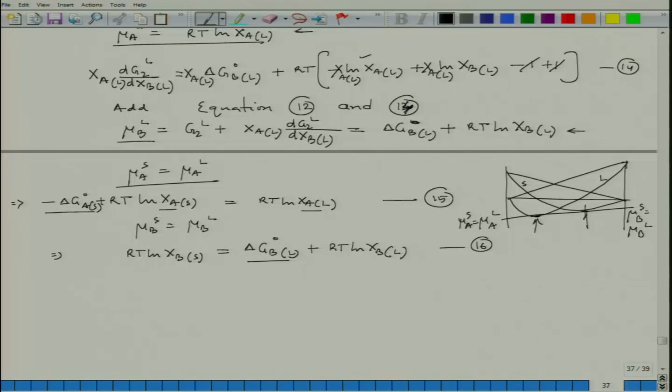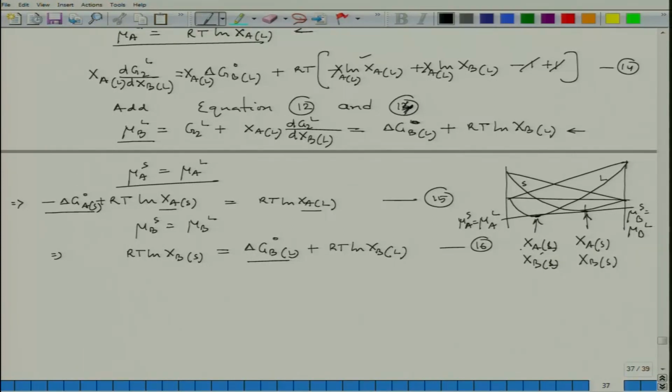So, these two compositions I can term in the form of XA or XB, both times they are liquid. Sometimes it becomes a little confusing, and this is XA solid, XB solid.